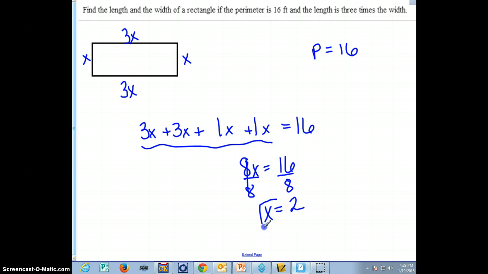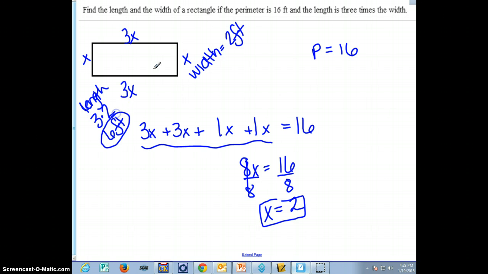Get x equals 2. Now that means that the width has to be 2 feet. If I was going to do the length now, it would be 3 times whatever the width was. So it's going to have to be 6 feet.